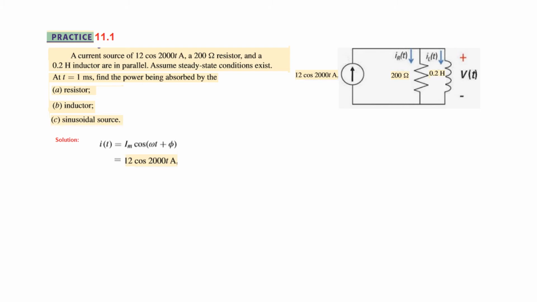Okay, so if we compare the given current with the standard formula Im cos omega t plus phi, then we come to the conclusion that Im is equal to 12 and omega is equal to 2000 radians per second.